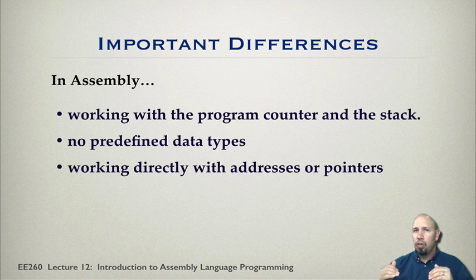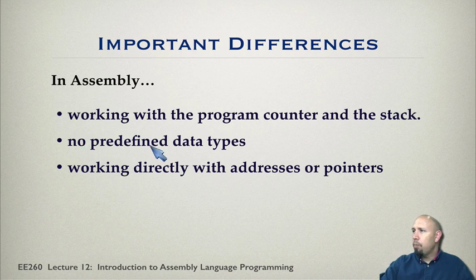You don't have direct access to it. So those are a couple things: the program counter and the stack. In C, we haven't even talked about the stack. You could look at the program counter, but the stack is almost meaningless in C. You could use it in C, but it's almost meaningless in C.